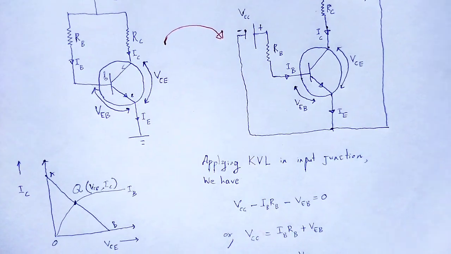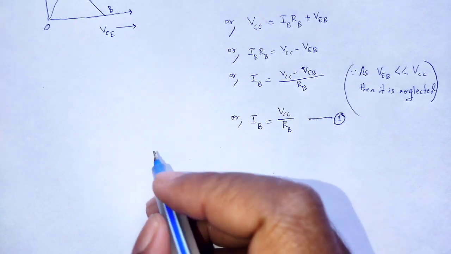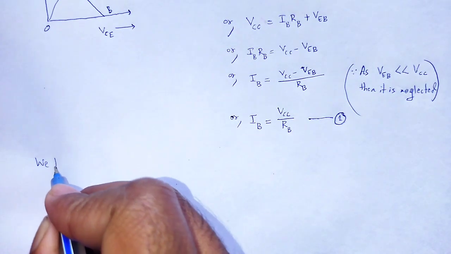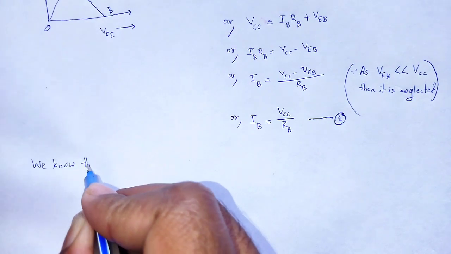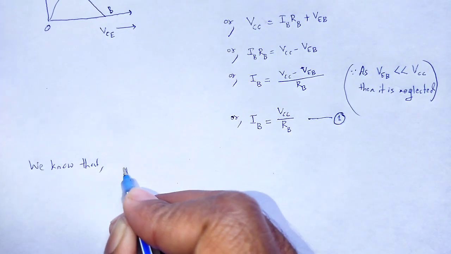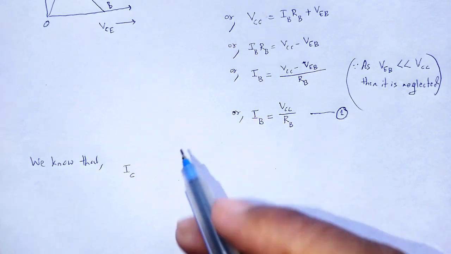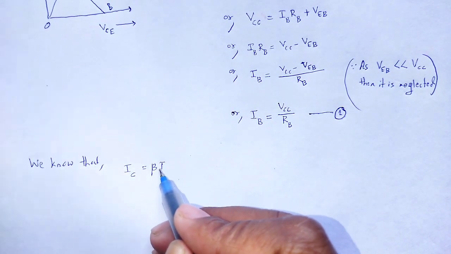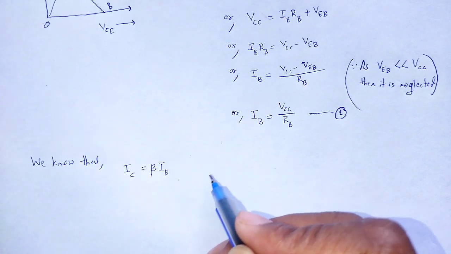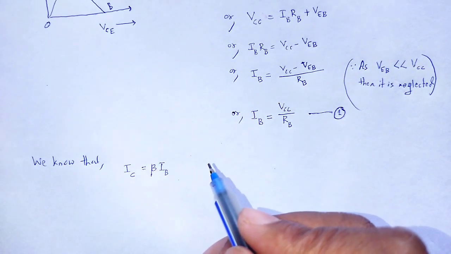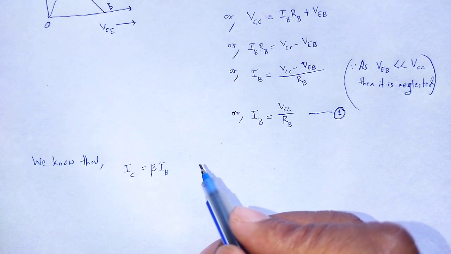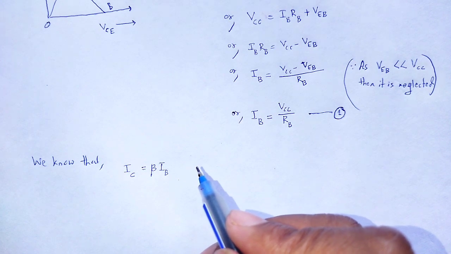We know that the collector current IC is equal to beta times IB plus some factor related to leakage current. Here we neglect the leakage current, as it is too small.